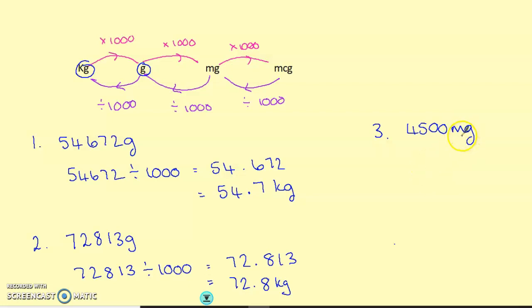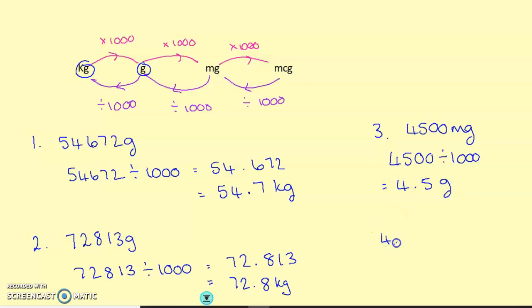We want to go from 4,500 milligrams to grams. Oh, look what I've done here. Try again. Lost off my zeros. That gives me 4.5 grams.